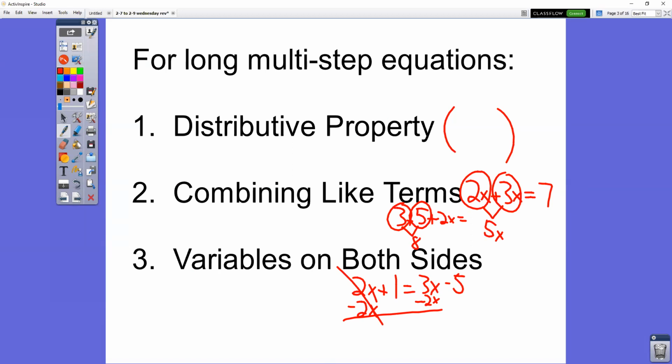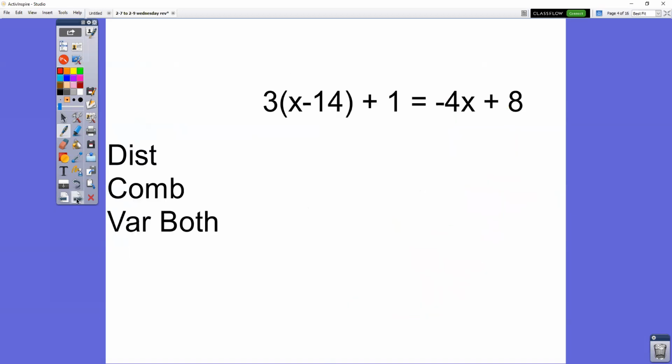I would always work with the smaller of the two letters first, because that way you'll work with less negatives. After you do variables on both sides, then it becomes a two-step equation, then a one-step equation, and then you get your answer. Go ahead and try this one, please. First thing you want to look for is distributive property, then combining like terms, then variables on both sides.